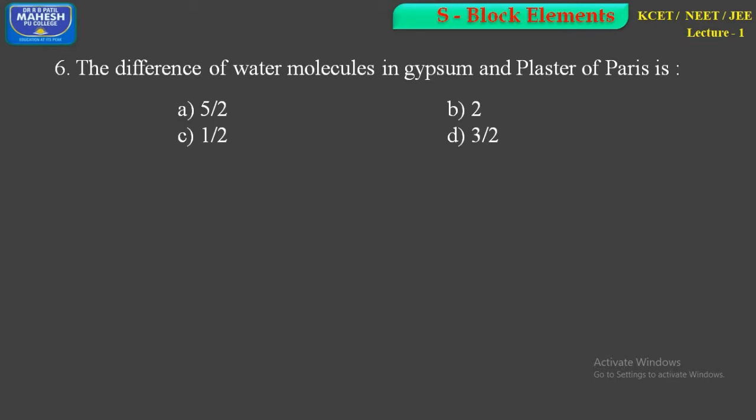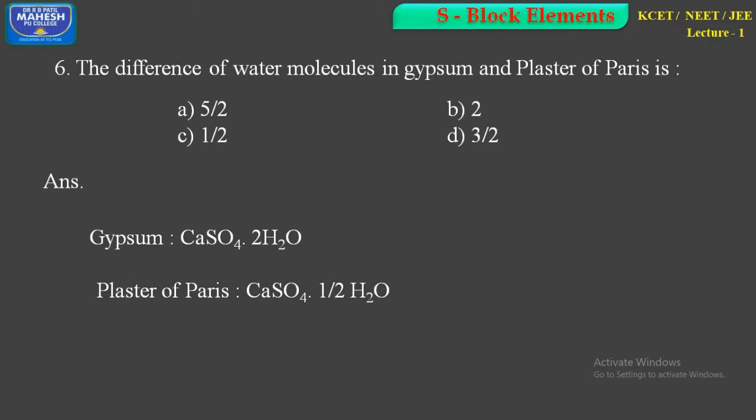Students, let us see the formula of gypsum, which is calcium sulfate dihydrate having 2 molecules of water, whereas the formula of plaster of Paris is calcium sulfate hemihydrate, which has half molecule of water.